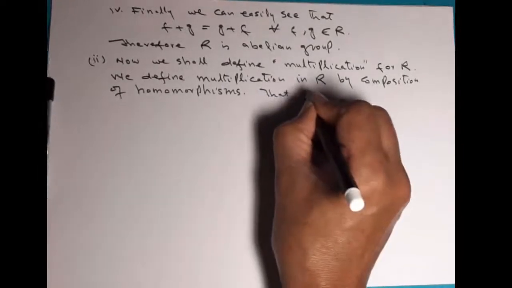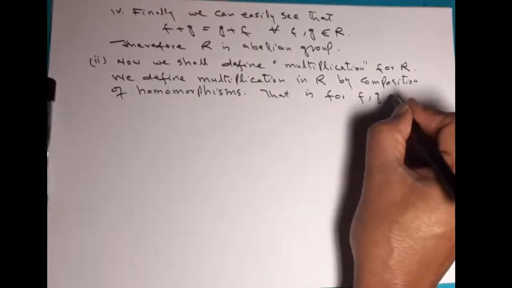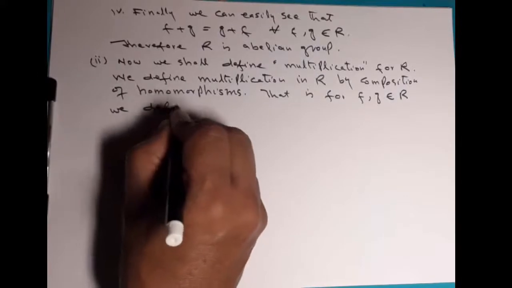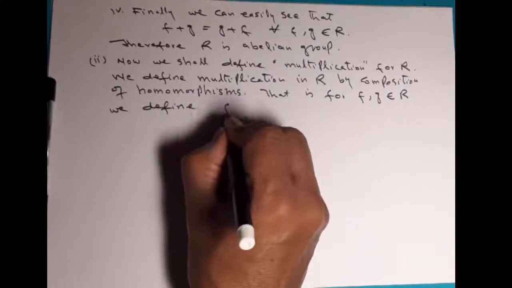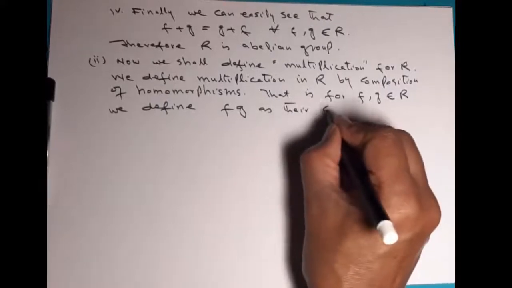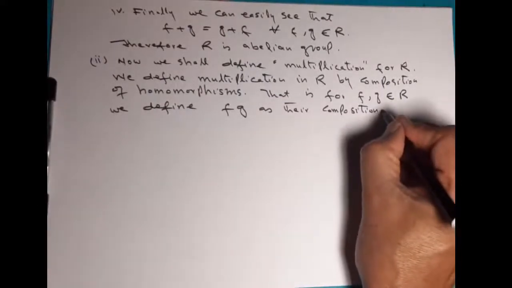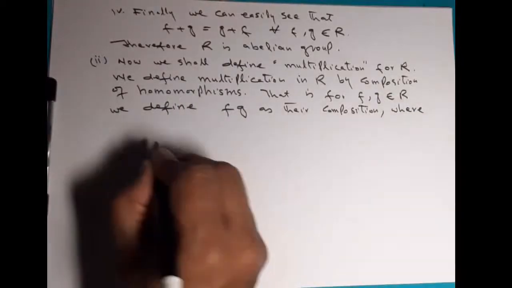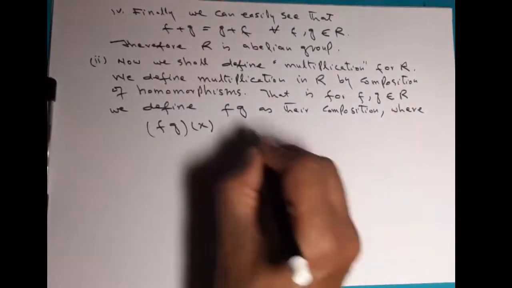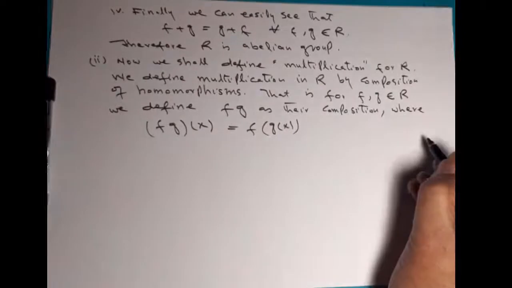That is, for homomorphisms or endomorphisms F, G belonging to R, we define their multiplication FG as their composition, where the effect of FG on any element x of group G is given by: apply G on x and then apply F on the result of Gx.